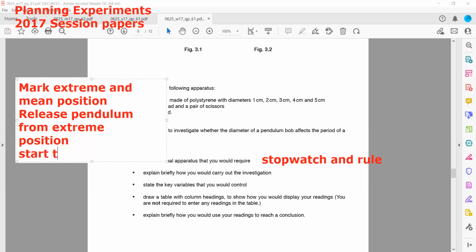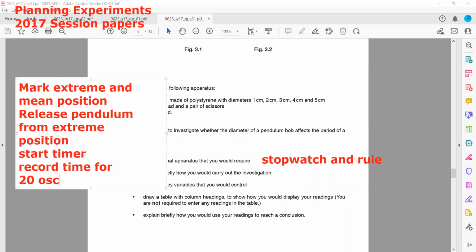Start the stopwatch, then record the time for 10 oscillations or 20 vibrations. Then the time period is equal to the time for 20 oscillations divided by the number of oscillations. We'll get the time period.